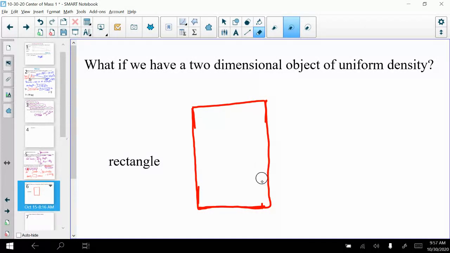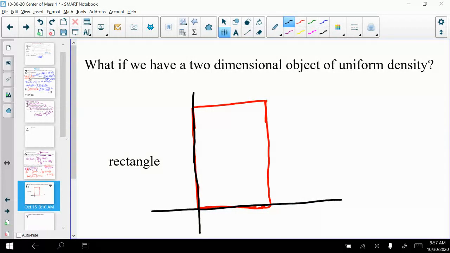So what we know is we can find our moment. Say I put my x-axis right here, and I put my y-axis right here so that my rectangle is nice in the corner there. I could find the total mass.